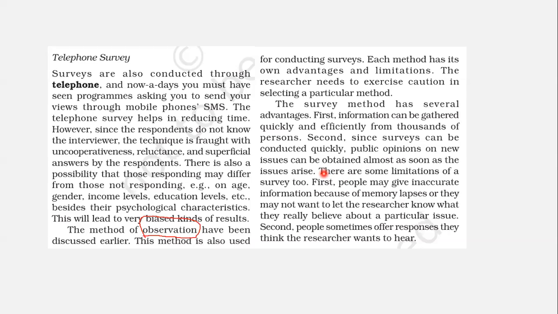There is a pandemic situation going on. There can be elections. There can be countrywide protests. All these things, like opinion on a national exam, like NEET has been discussed. There will be some political issues. These things can be easily and simply obtained by doing a survey method.